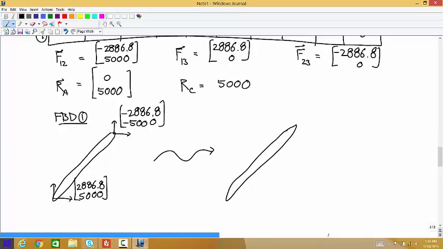These are acting in the direction from one force to the other, so if you look at the directions of these vectors, it says that this is in tension. No, that's not tension, that's compression. With a magnitude of force equal to 2886 squared plus 5,000 squared. What do you get for that?